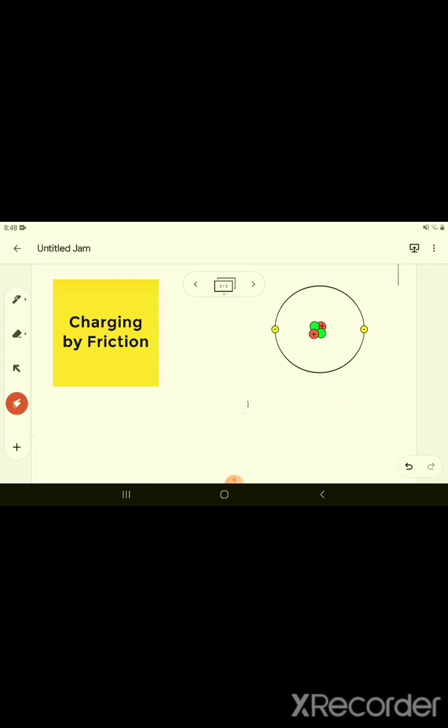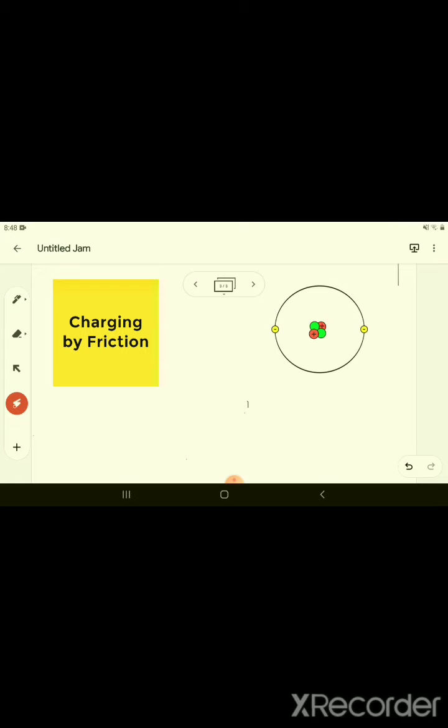Very good. Now, the overall charge on an atom is neutral. Let me say that again. Even though atoms have positive and negative charge, the overall charge on an atom is neutral. The atom overall does not have any charge.